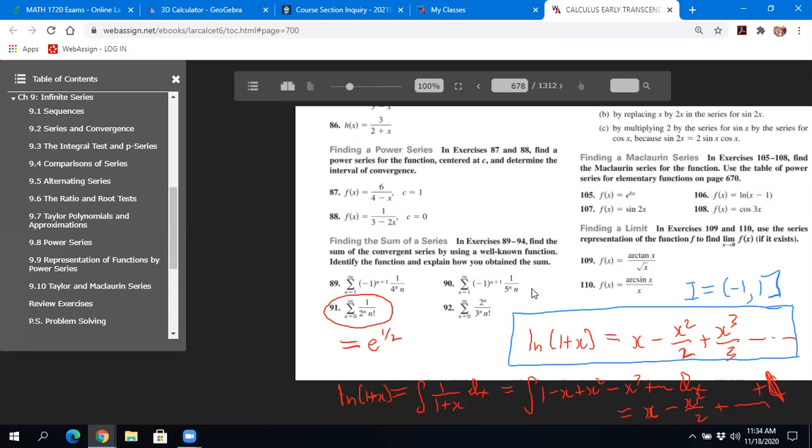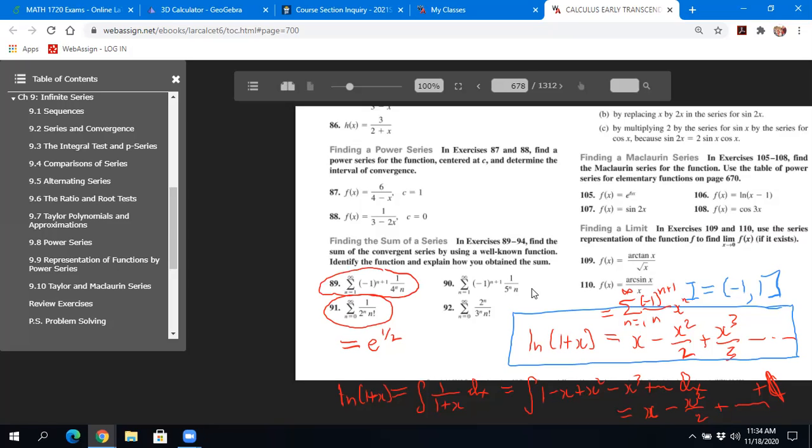Why do I show you that one? Well, think about it for a minute. If I write it in summation notation, this is the sum n going from 1 to infinity of minus 1 to the n plus 1 over n times x to the n, which looks a lot like some of these, doesn't it?